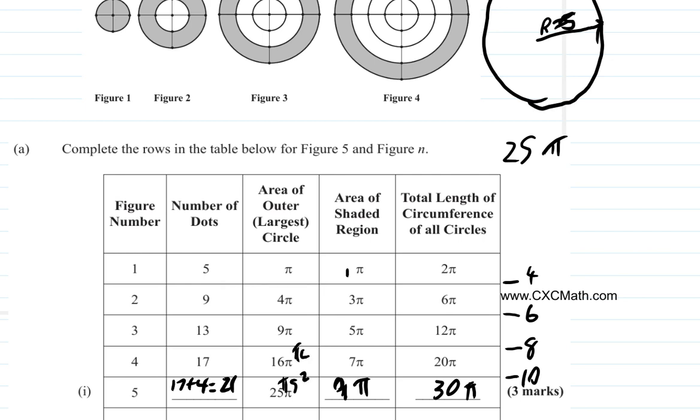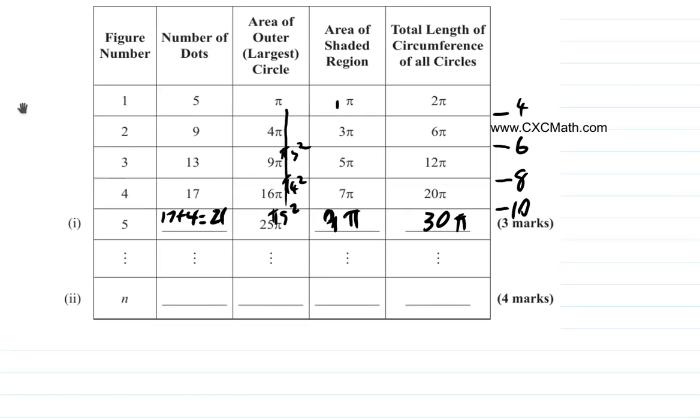This was pi by 4 squared. It was pi by 3 squared, and so on. It's 25 pi, pi r squared. For figure 5, pi by 5 squared. Figure 4, pi by 4 squared. Figure 3, pi by 3 squared, and so on. So for figure n, it would be pi by n squared. Let's call it n squared pi. So it's n squared pi.